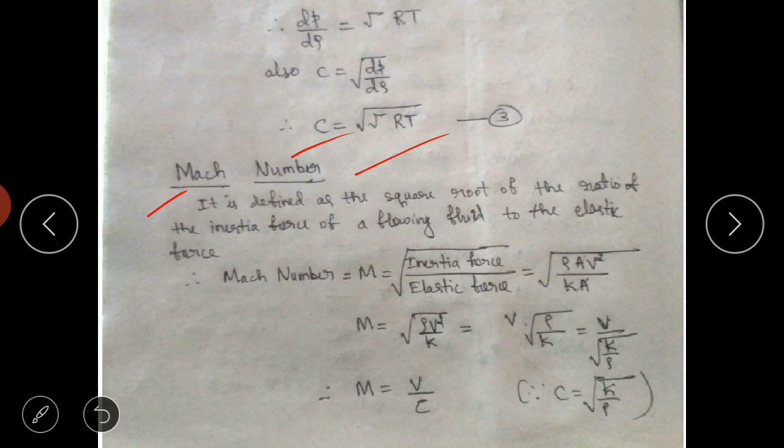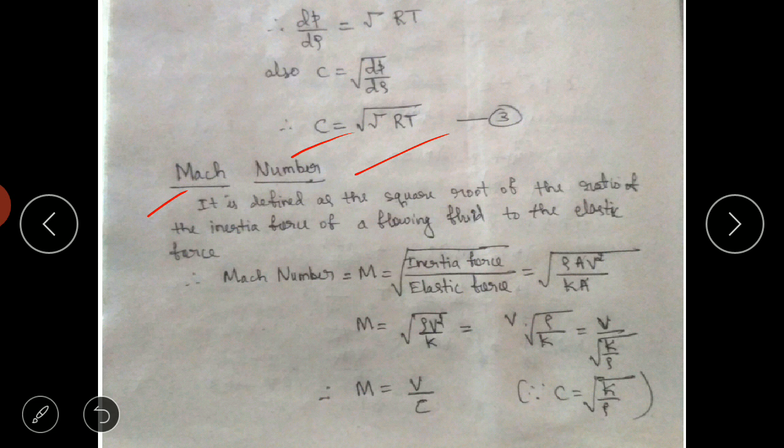Mach number is very useful in research also. By defining Mach number we can define the flow, that is sonic, subsonic and supersonic.